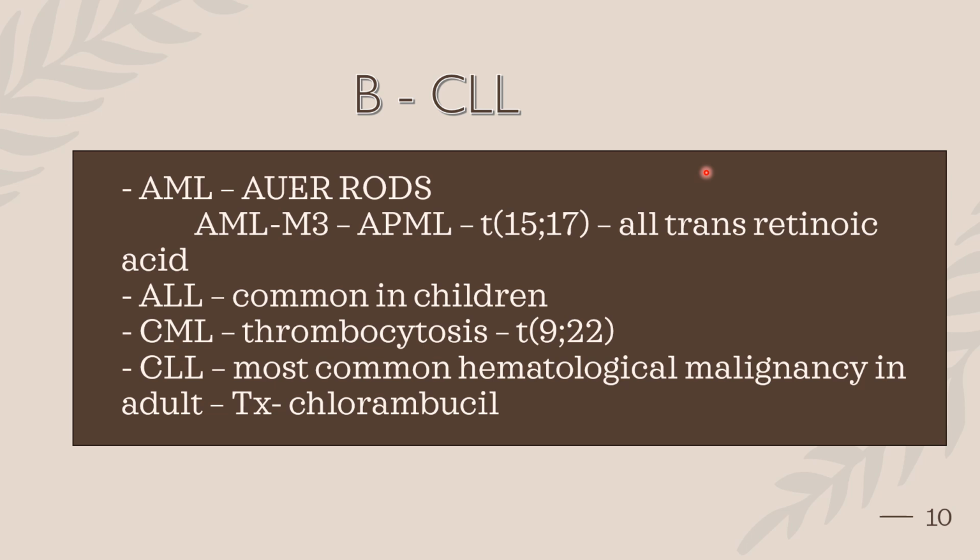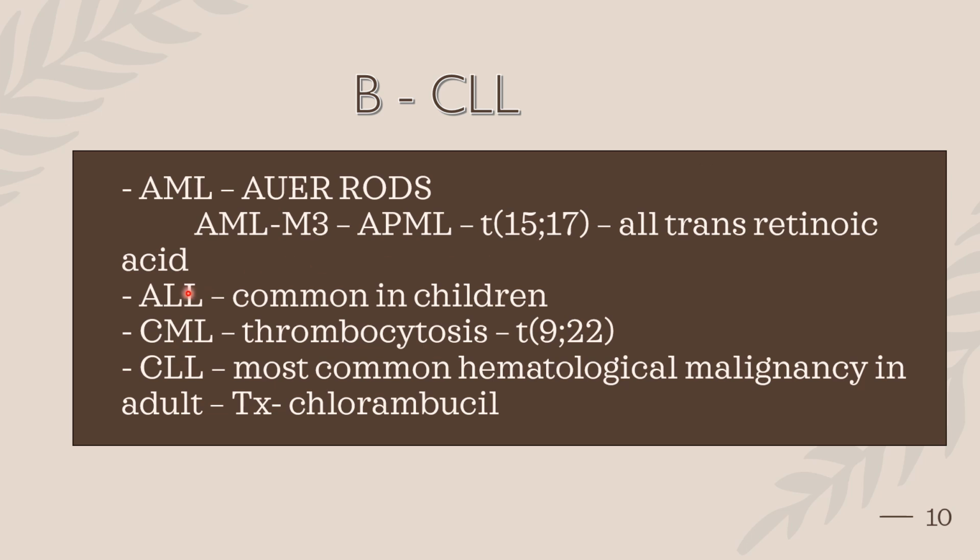If you see in the options both DIC and APML, think of APML, because when the picture is more likely to be hematological malignancy, you have to think of APML because APML usually presents with DIC. So that is AML M3, good prognosis, translocation 15-17, PML-RARA gene fusion, and the treatment is all trans-retinoic acid.